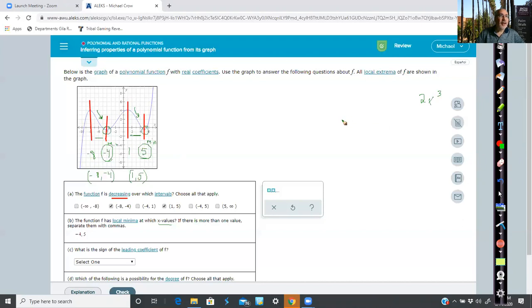If it starts coming from the negative, and then ends up going towards the positive y, this is sort of what we would consider normal. The negative x's are coming from negative infinity, and then positive x's are shooting up to positive infinity. This is what a positive leading coefficient would look like.